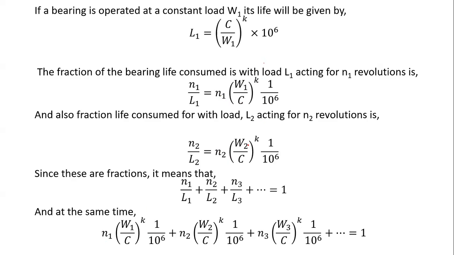Then I bring this one also, N2 (W2 over C), then 1 over 10 to the power 6, plus N3 (W3 over C) to the power K, then 1 over 10 to the power 6, plus N4, like this, then in the brackets I just change where there is a 3, I put 4, over C. Then in the brackets, everything raised to the power K.